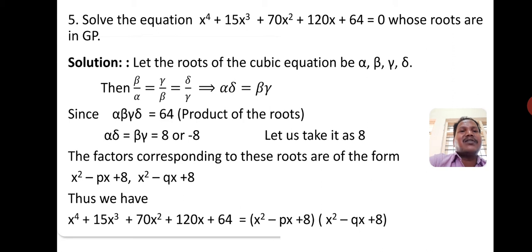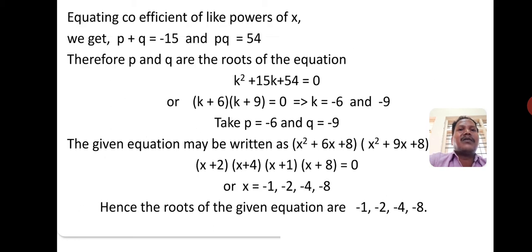The factors corresponding to these roots are of the form x square minus px plus 8, x square minus qx plus 8. Thus the biquadratic becomes x square minus px plus 8 times x square minus qx plus 8.